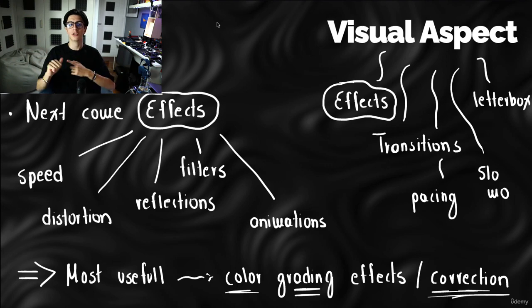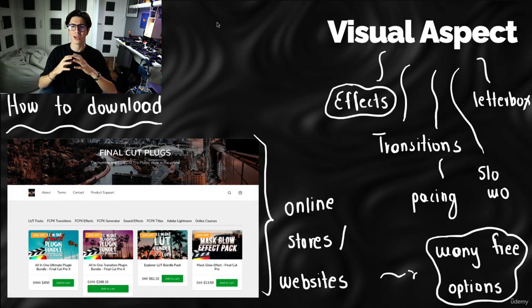We can change the speed, we can distort the clips with effects, we can add reflections, we can add filters, we can add animations, but me personally, I never use any of those effects. The most usual effect that I have found and I use are perhaps some color grading or some color correction effects. In general, as a rule of thumb, remember, don't overuse effects and don't use, in fact, that much effects.